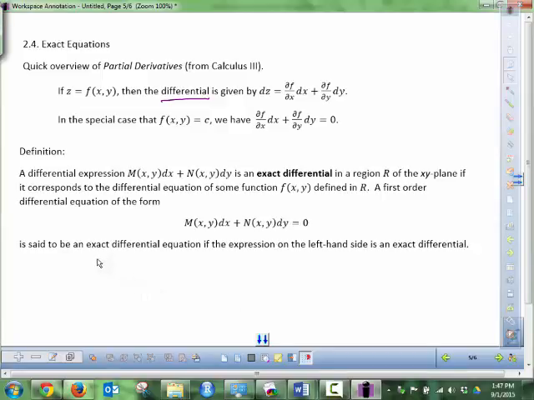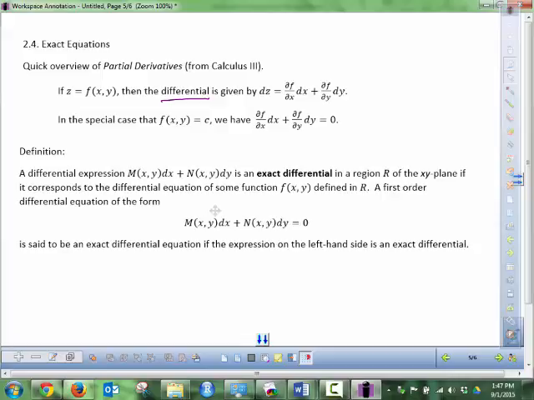And so now this expression over here, if we set it equal to 0, it becomes an equation, and there's a derivative that exists in here somewhere. So I went from a differential expression to a differential equation. So an exact differential equation is something of this form, where that differential on the left side is actually equal to 0. So that's the definition of an exact differential equation.